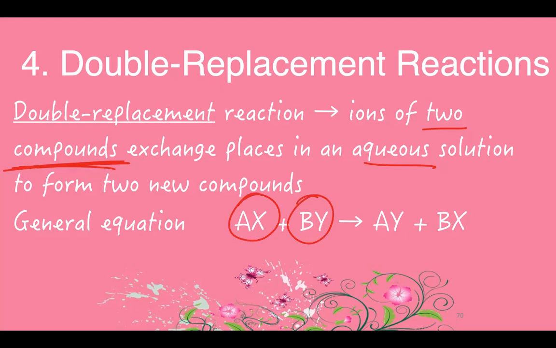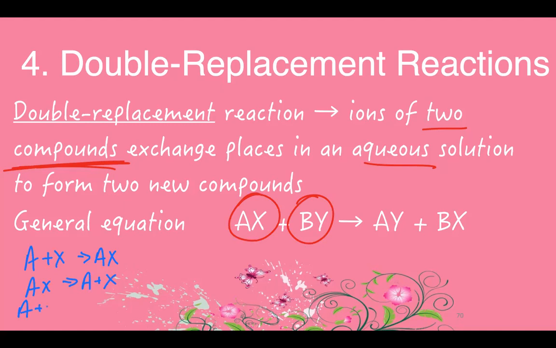So the key is if you've got 2 compounds. So far we haven't had that, okay? We've had A plus X yields AX, not 2 compounds. It might be 1 element and a compound, like a metal plus water, but it's not 2 compounds. We've had AX yields A plus X, definitely not 2 compounds.